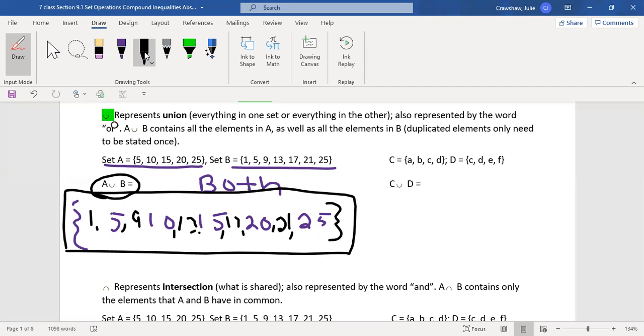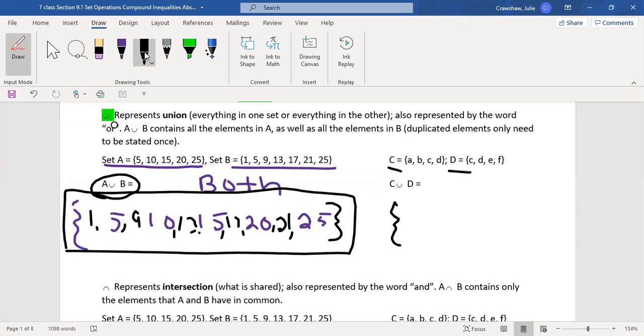Set notation is just a way of labeling information. Here's another example. I have set C, which contains the letters A, B, C, D, and set D, which contains the letters C, D, E, F. Now I want to determine the union of those two sets.